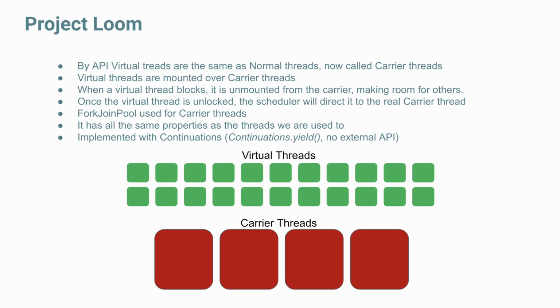As you know, virtual threads have the same properties, the same API as normal carrier threads, so they're very, very easy to learn. And underneath, all these transitions from one thread to another are implemented with continuations, especially this special yield function. There is no external API for that, so we let the JVM actually manage it for us.